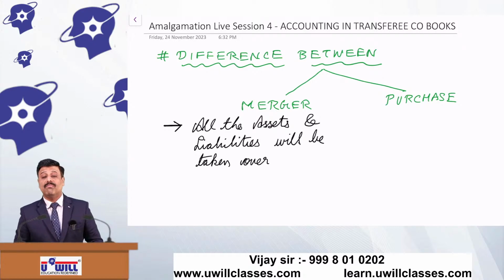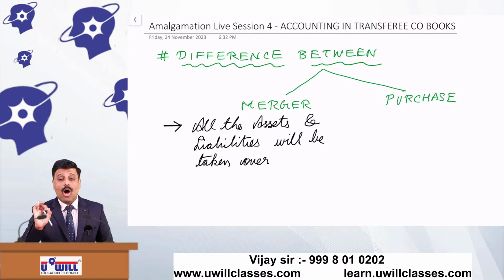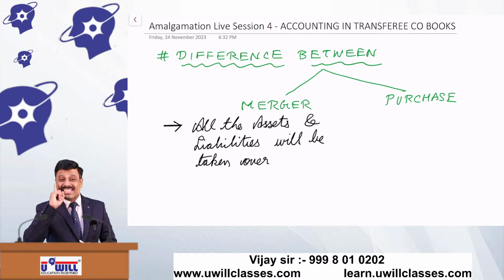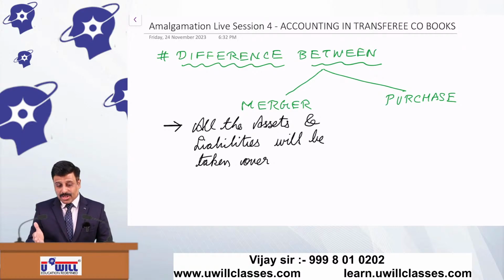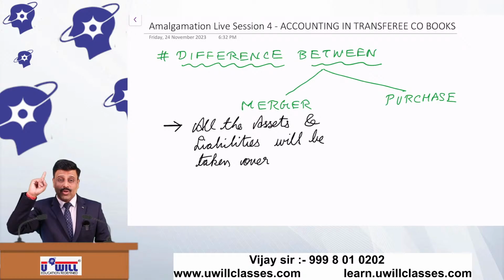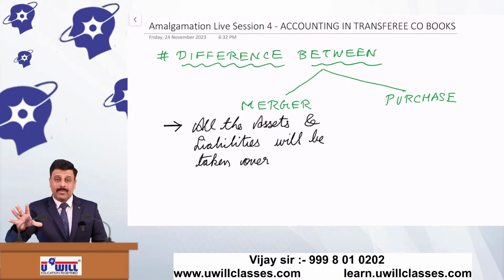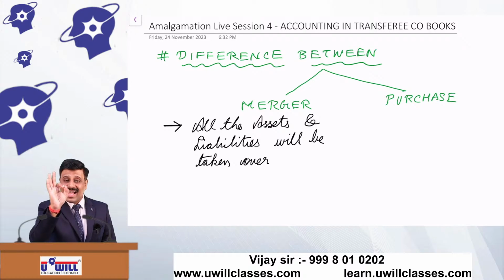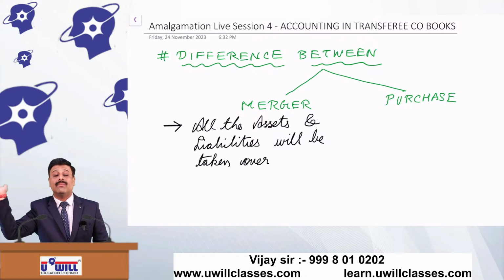In case of merger, all the assets and liabilities will be taken over. Even if a single asset is not taken over, it is not a merger. Suppose in the balance sheet, we have land and building, plant and machinery, furniture and fixtures. I discussed that example in the first session with you. Furniture is useless, so not taken over. Then it becomes purchase.